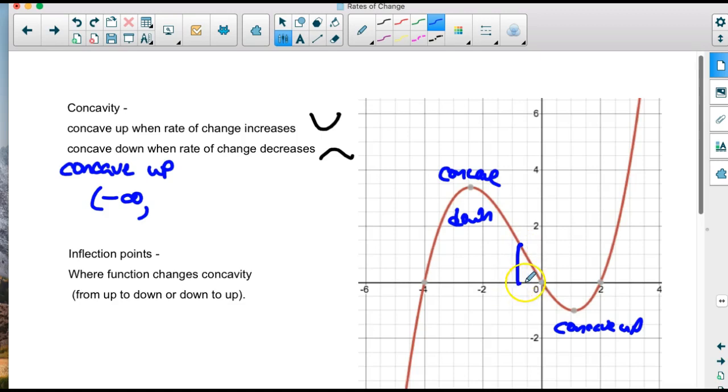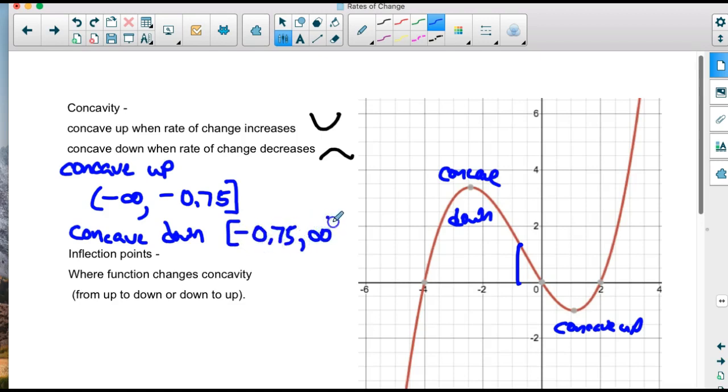That's 1.5, so we're going to say negative 0.75. We're concave up there. And we're concave down from that point on, so that would be negative 0.75 to infinity.